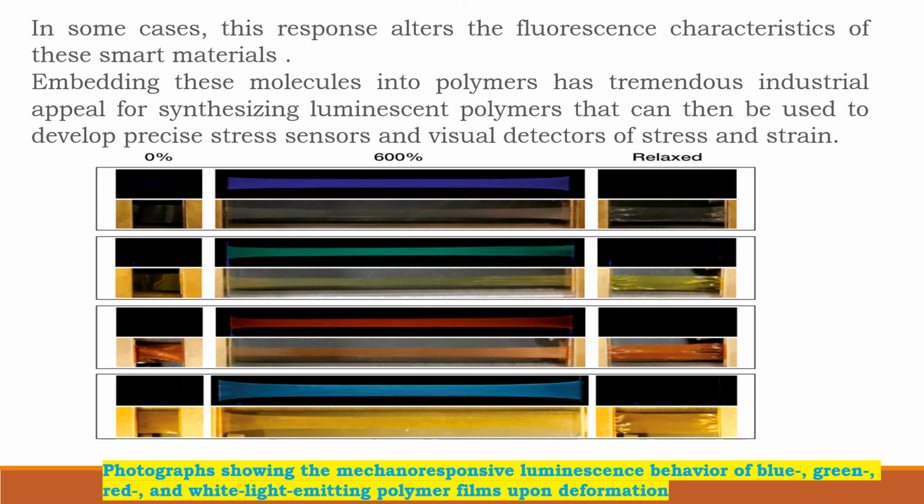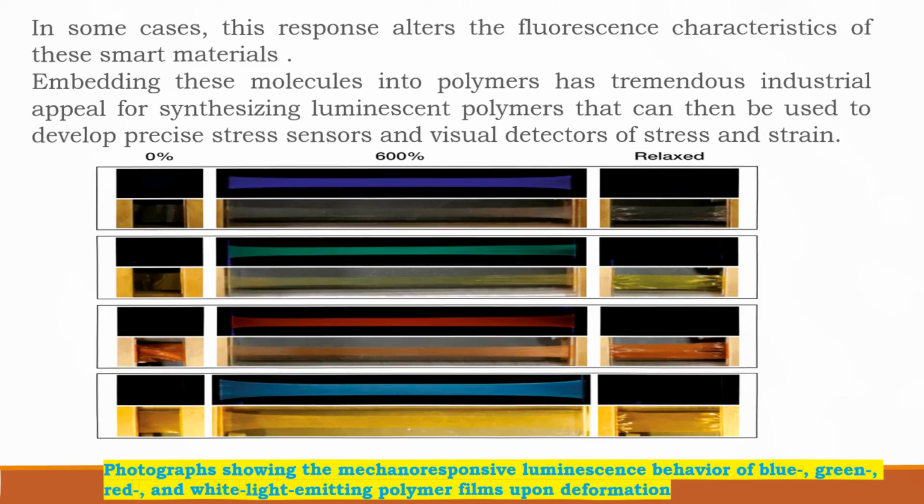When I apply the mechanical stress, certain luminance is produced in that particular compound embedded with the corresponding mechanophores. Hence, mechanophores can be used to develop precise stress sensors and visual detectors of stress and strain.